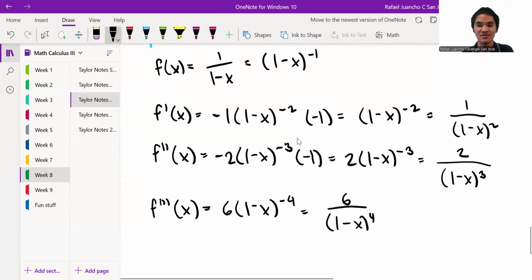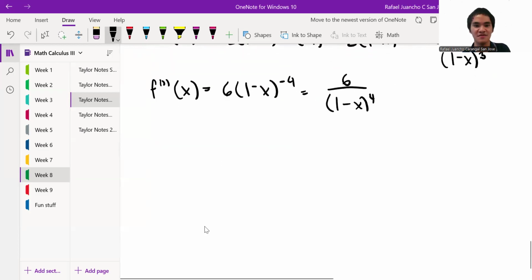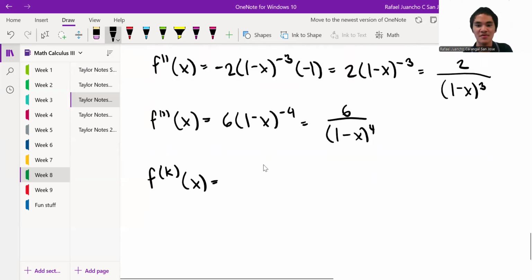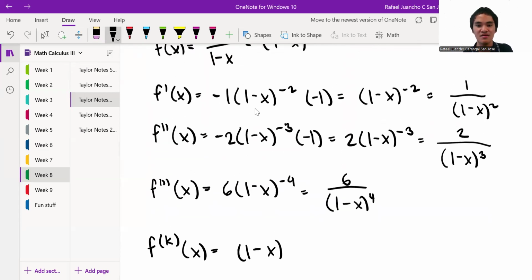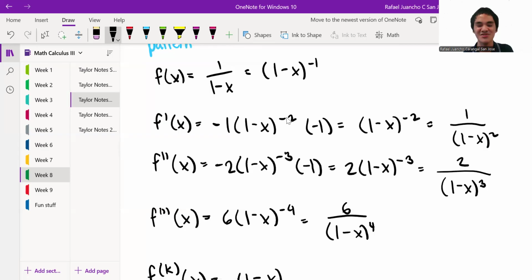So what's the pattern? That's what we want to find. So what if we do f to the k? There has to be some pattern, right? What's happening? So we always have a 1 minus x. That's one thing. Okay, what's happening here? -1, -2, -3, -4.